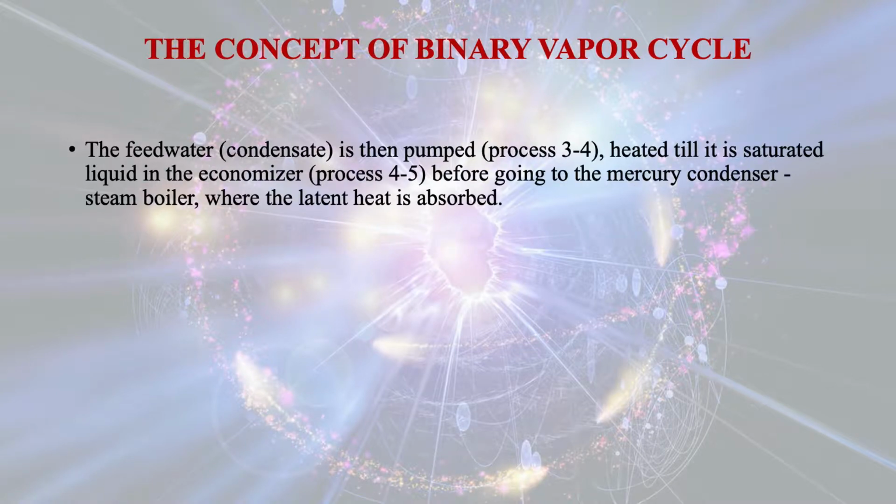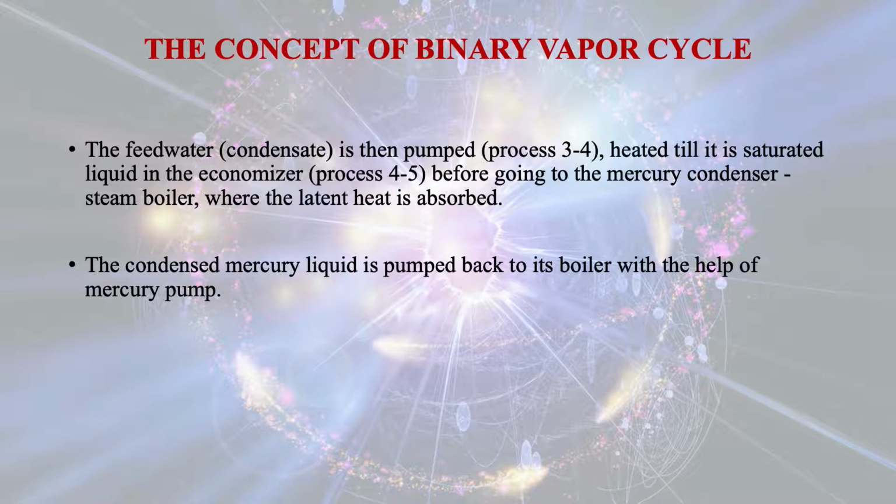The feed water that is condensed is then pumped, that is process 3 to 4, and heated till it's saturated liquid in the economizer, that is the process between 4 to 5, before going to the mercury condenser steam boiler, where the latent heat is absorbed.